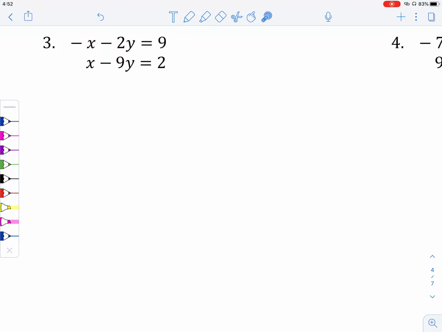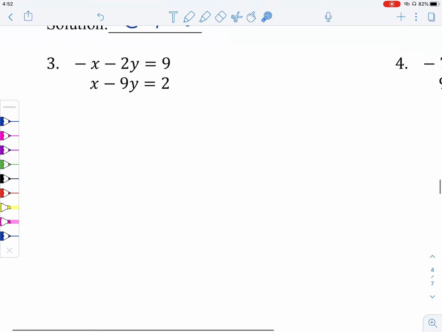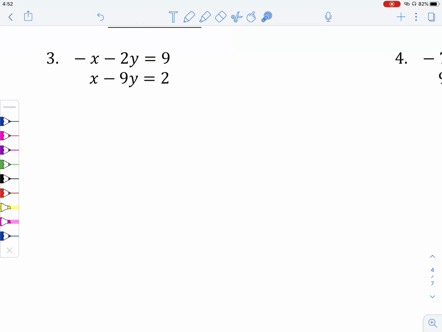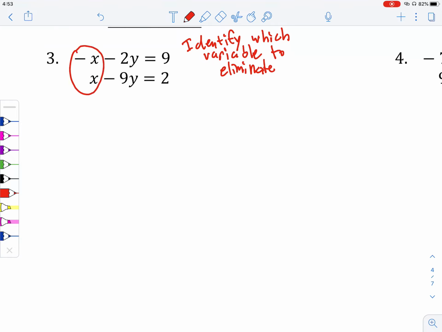Okay, let's do number 3. So let's identify which variable we want to eliminate first. Right, so this one, we can see these right here, they're the same and opposite.